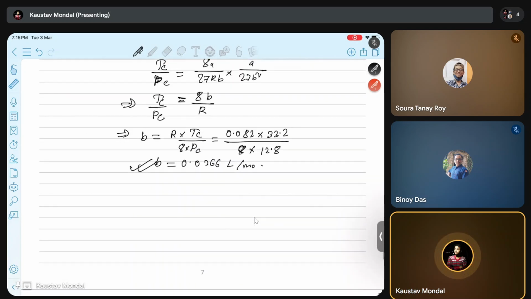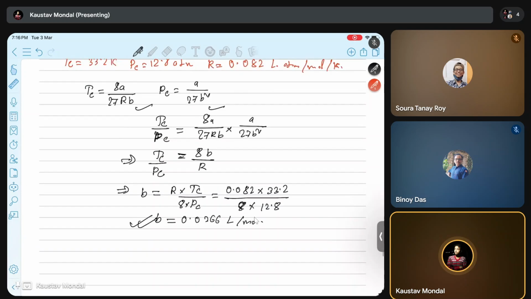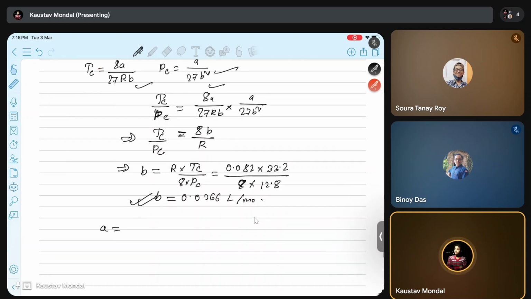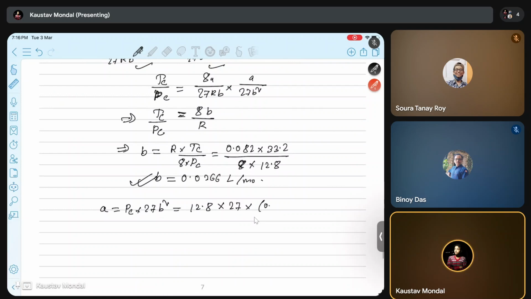Now in a similar way, you can also calculate A. So you got B, and from there, using this equation, you can calculate A. A is basically PC into 27B square. PC is already known, 12.8, and into 27 into B square, where B we already calculated as 0.0266, whole square.